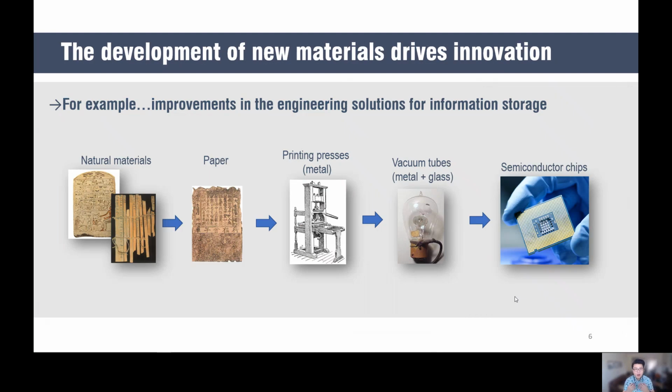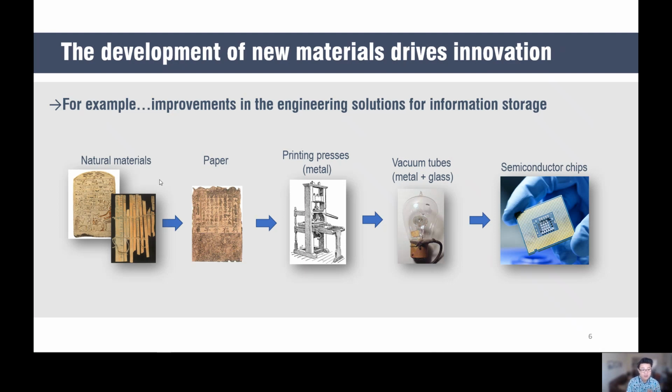So here's an example of how we use this material expansion to improve one application. Information is important. I am a strong advocate for education, and I care about how information is distributed, and humans are unique in doing that. This is the proudest invention that we have ever created, in my opinion. Materials have actually driven the way we store information.